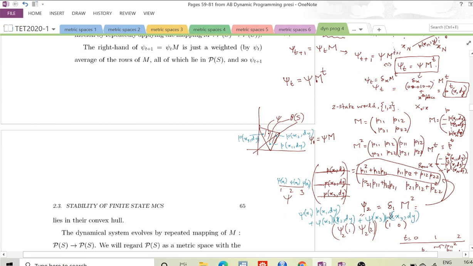So it's going to lie somewhere here, right, in the convex hull of these 3 points. So my C1 is going to lie somewhere here. Okay.